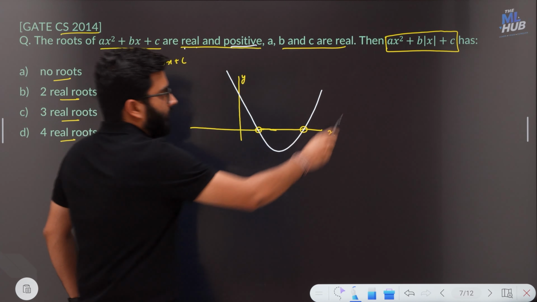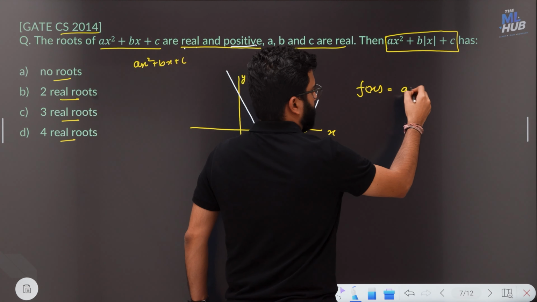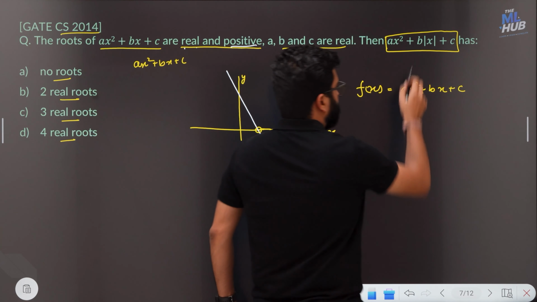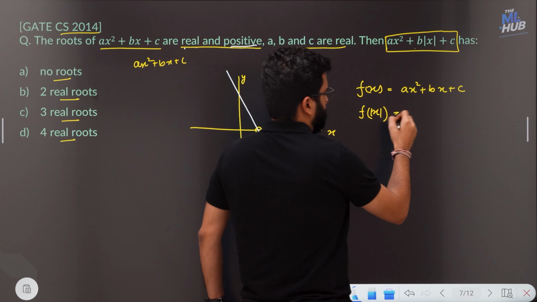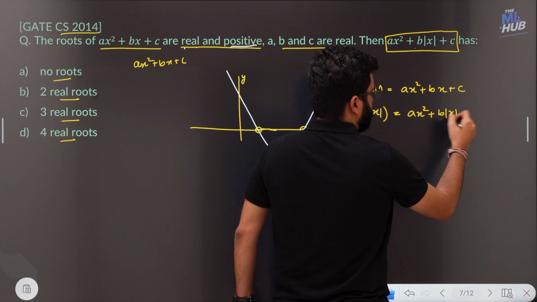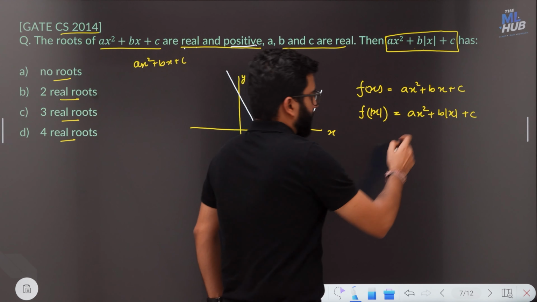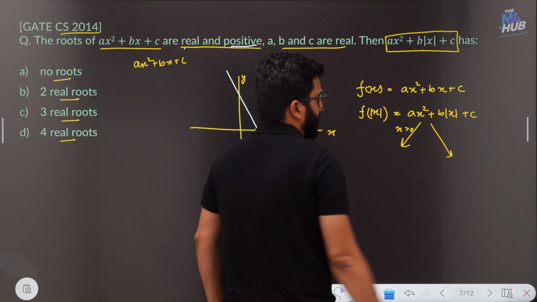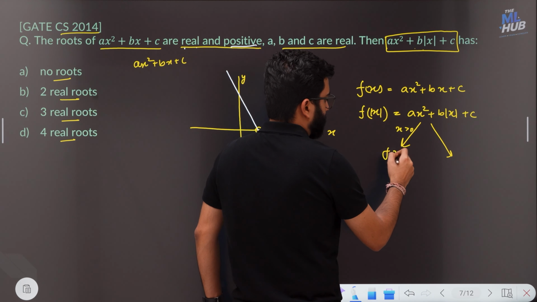Okay. So now if f of x is given as ax square plus bx plus c, this equation is f of modulus of x, right? This is what is asked. So there can be two parts. If x is greater than 0, well and good, it is equal to f of x.